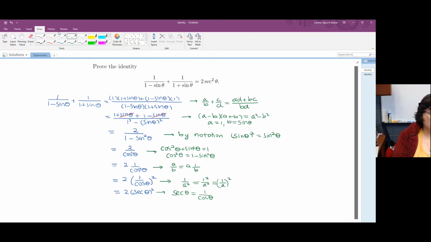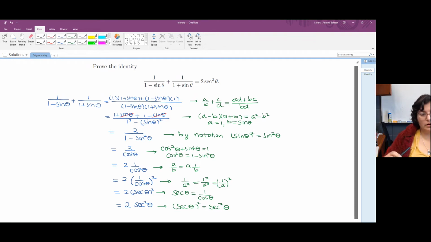And then 2 times secant of theta squared is 2 times, and then secant of theta squared is secant squared of theta by notation. Secant of theta, all that squared, is usually written as secant squared and then theta.